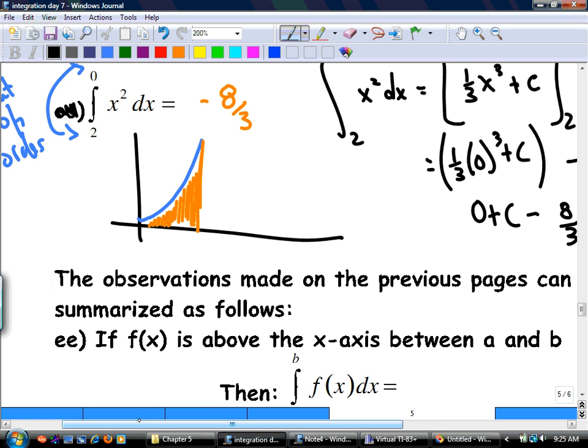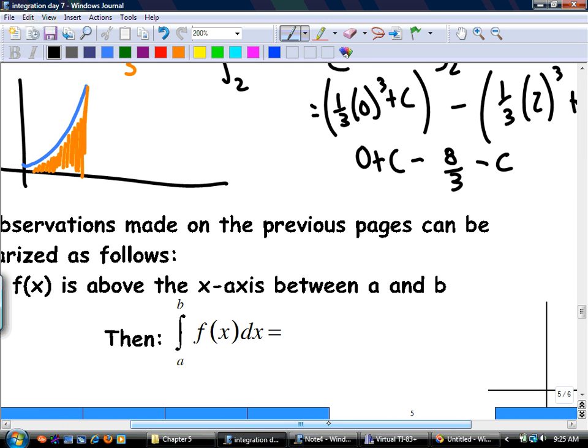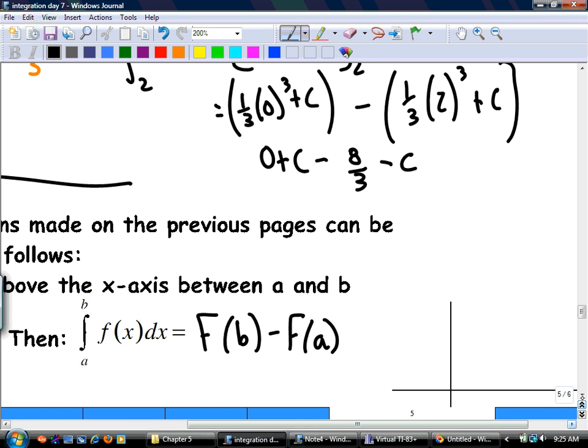So the observations made on the previous pages can be summarized as follows. If f of x is above the x-axis and the area is between a and b, then we can find it by doing this calculation: F of b minus F of a. And we have a visual of that.